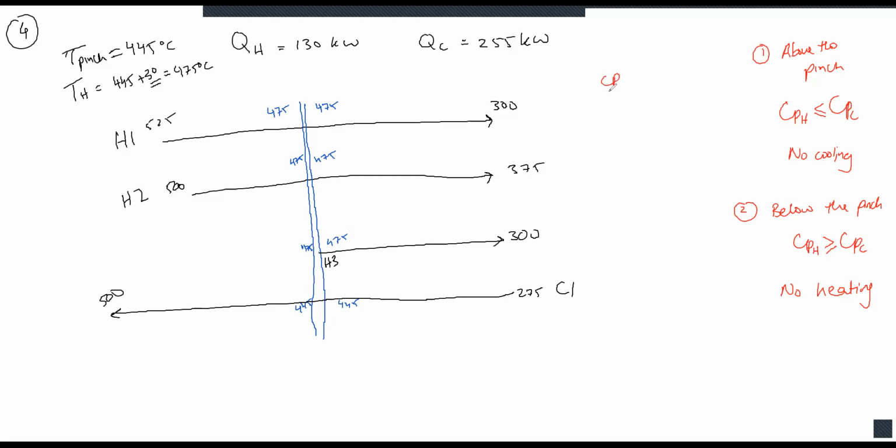So I have CP for these guys: it's 2, 4, 3, 6, and then I'm going to calculate the delta H's above and below the pinch. So delta H for each stream. So for stream number 1 below the pinch, so I have 2 delta H's, right?